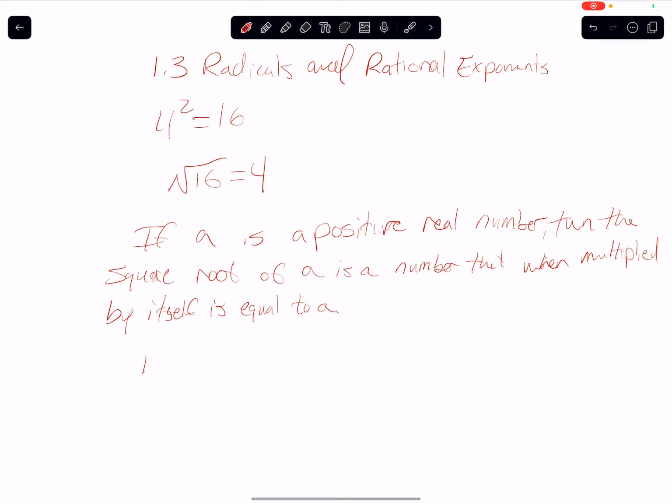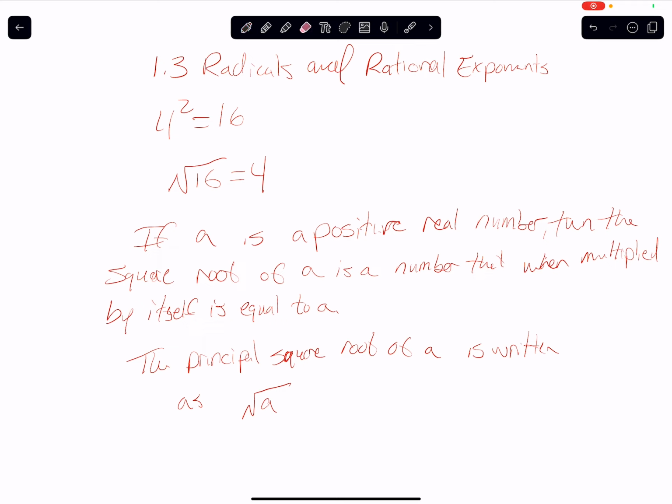So the principal square root of a is written as a radical symbol with an a underneath.